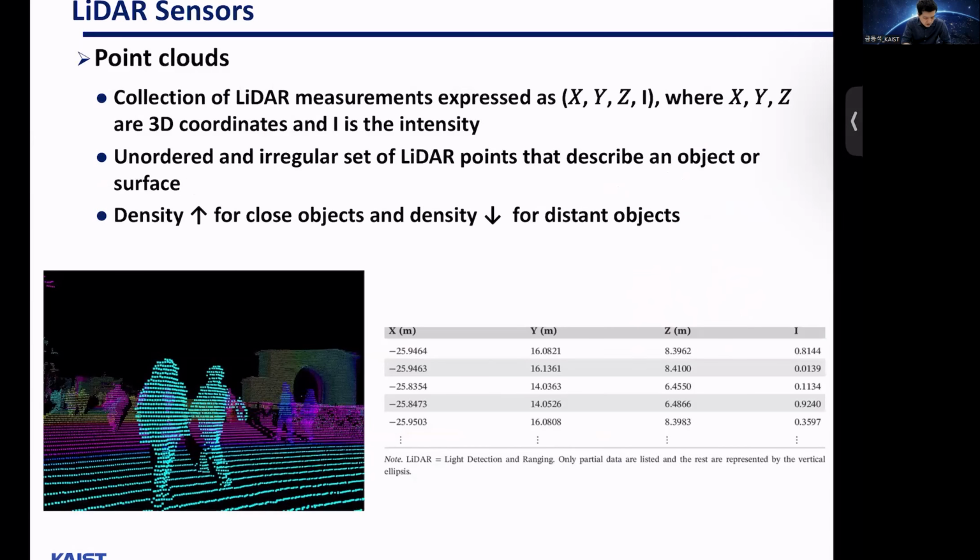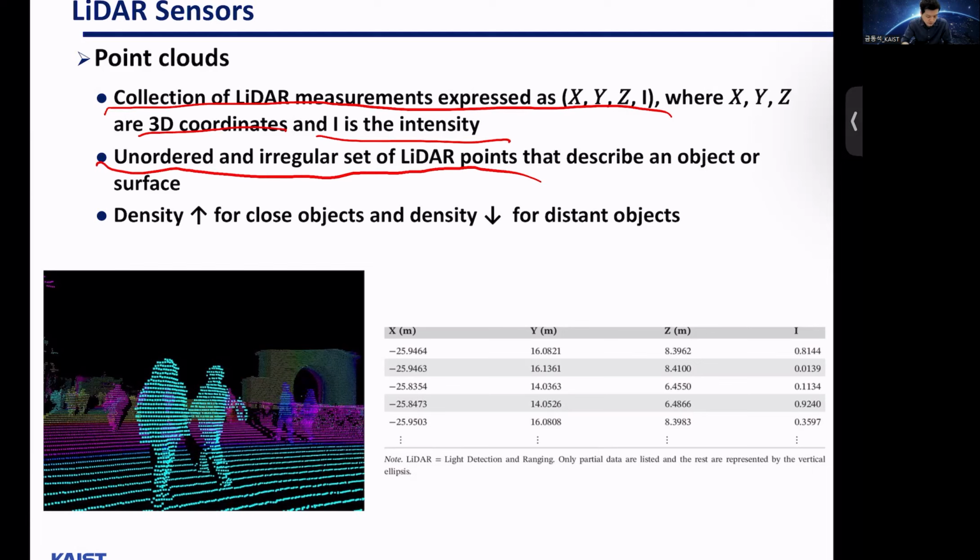The point cloud looks something like this. It's a collection of LiDAR measurements expressed as X, Y, Z, and I, where X, Y, Z are 3D coordinates and I is the intensity. One characteristic the LiDAR output has is that it's an unordered and irregular set of points that describe an object or surface.